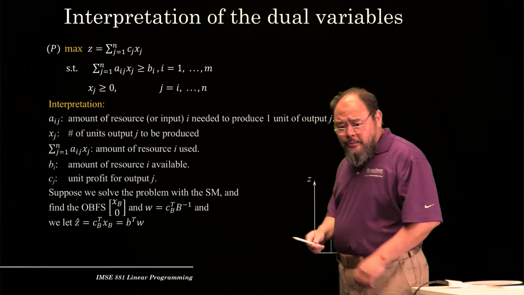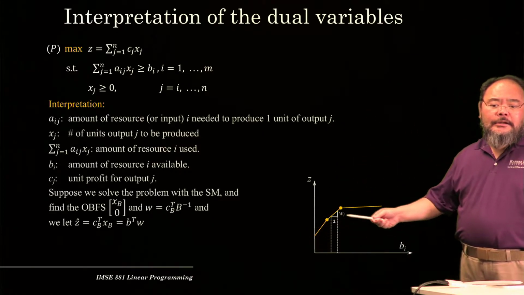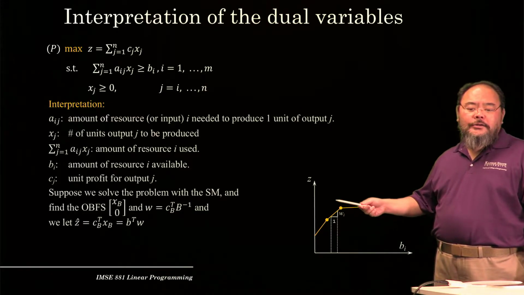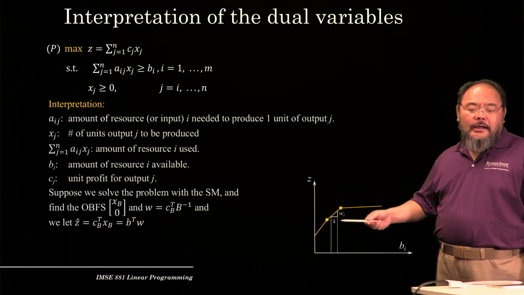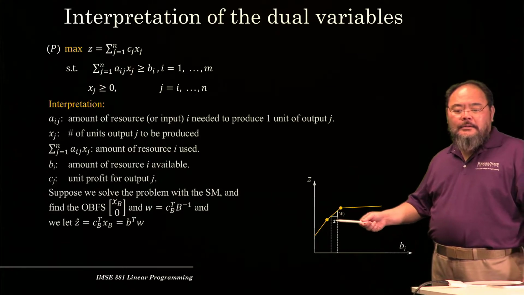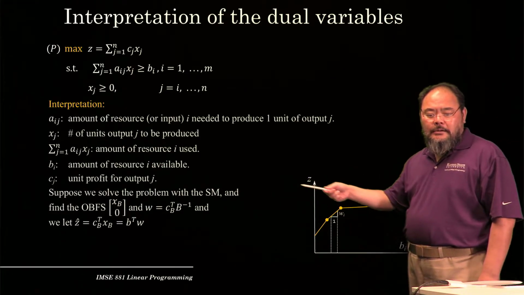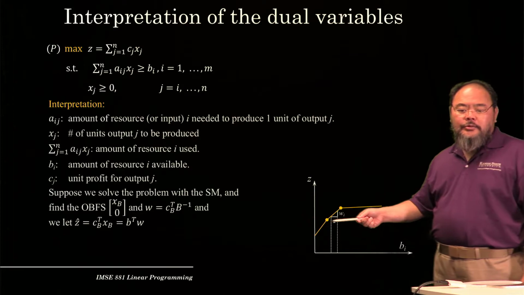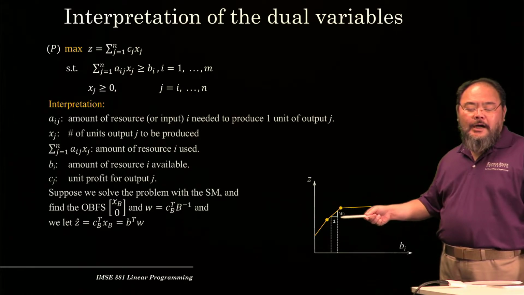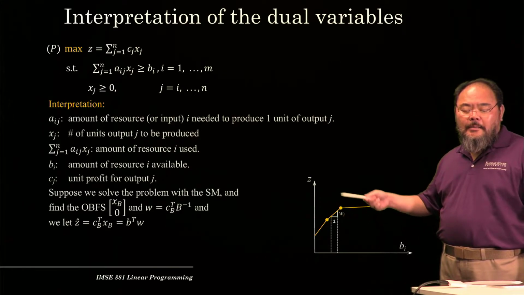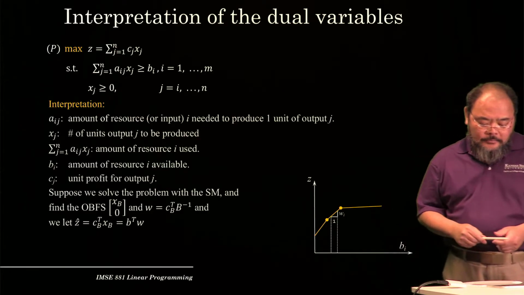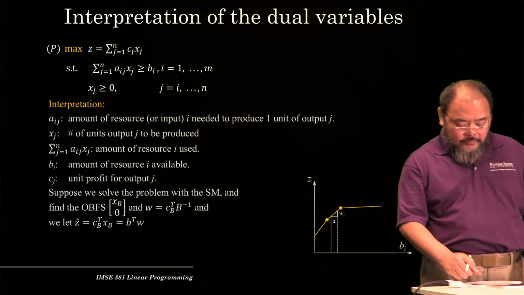And also, in the previous slide we showed that each time we increase b_i by 1 unit, omega_i is the amount of the objective function we can improve.